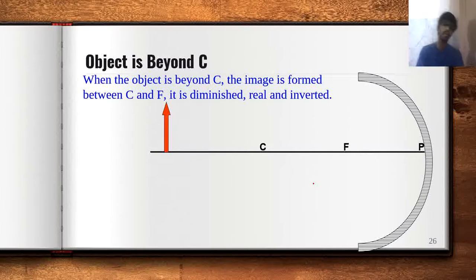Now remember, whenever you discuss image formation, you need 2 reflected rays. You need 2 incident rays to find the point of intersection of reflected rays.